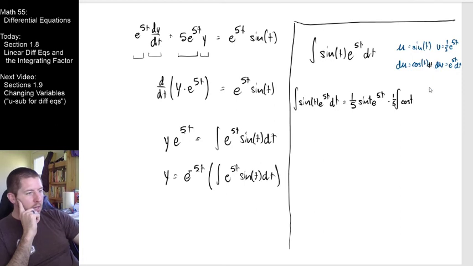There's a dt right there. For v du, I got the 1/5, I got the cosine of t, and I got an e to the 5t dt. And now I look at this and I say, well, I can't do that integral either.